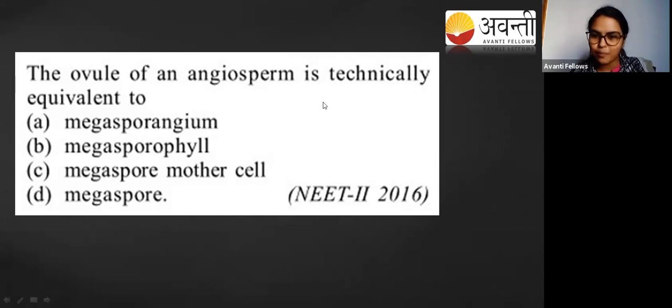I know this might be a little confusing for you, but I have already discussed this. I have told you which is the female gametophyte and which is the male gametophyte, and which are the actual gametes. Which is megasporangium, which is microsporangium. We have discussed all these things. Now you have to answer the question.